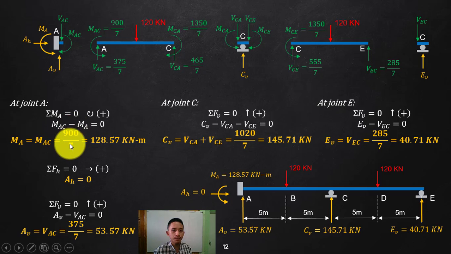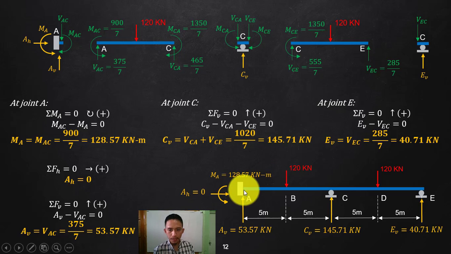Since these are just equal, my moment at A is 900 over 7, which is equivalent to 128.57. Okay, let's solve everything before we compare with our answer from CDM. So that is the moment at A, 900 over 7 or 128.57.